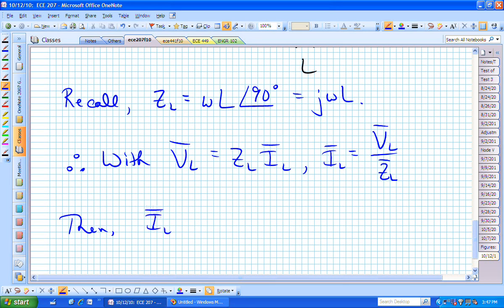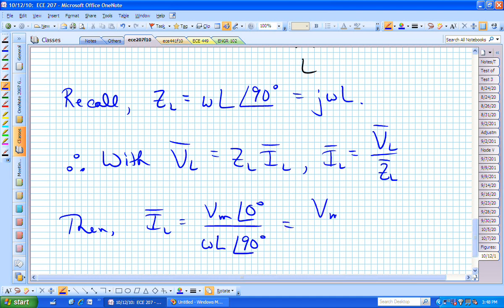If this is I sub L that we're looking for, and we apply a sinusoidal voltage with magnitude V sub M at a phase of 0 degrees, then to find the current flowing through that inductor, we divide by the inductor's impedance, which is omega L at 90 degrees.